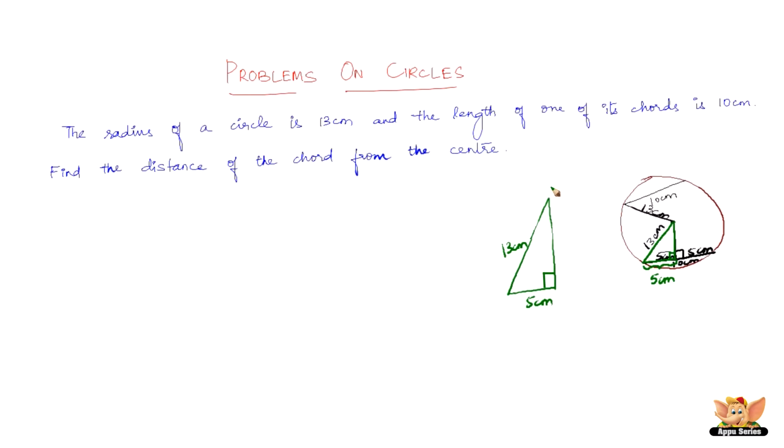So say for example, let us name this as O, A and L. So it will be OA square equals AL square plus OL square. We know that OA square is equal to 13 square, AL square is equal to 5 square, plus OL square is what we need to find. So 13 square minus 5 square is equal to OL square.